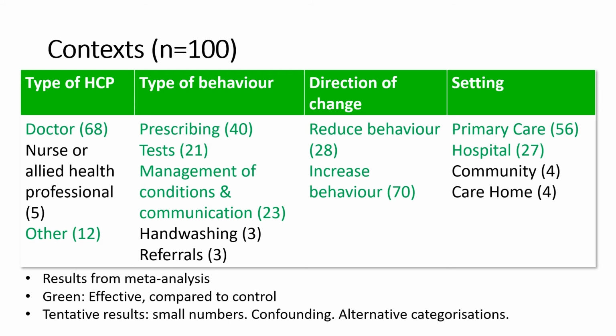We were interested in which contexts social norms interventions work. This slide summarises that. It shows a number of different contexts, and the brackets are the number of studies that tested those contexts. Any that are in green, there's positive evidence that social norms were effective in those contexts. As you can see, generally social norms worked with doctors, with other health professionals, with all different kinds of behaviour, and in primary care and in hospital settings.